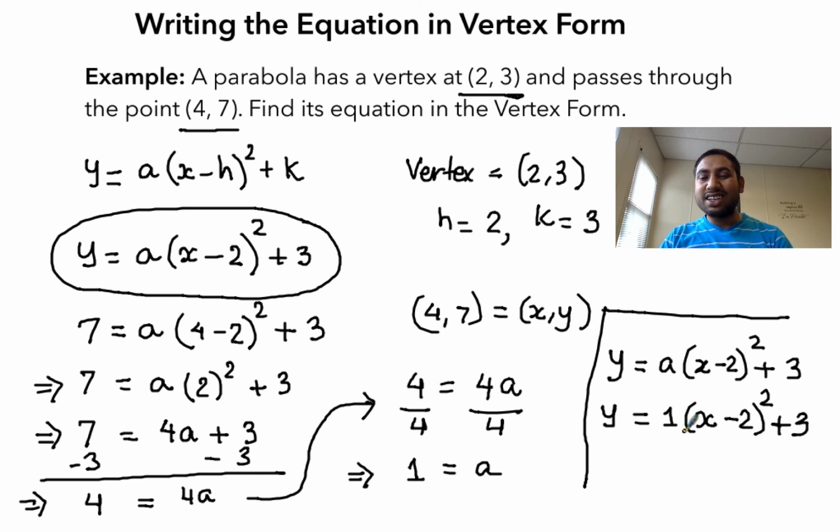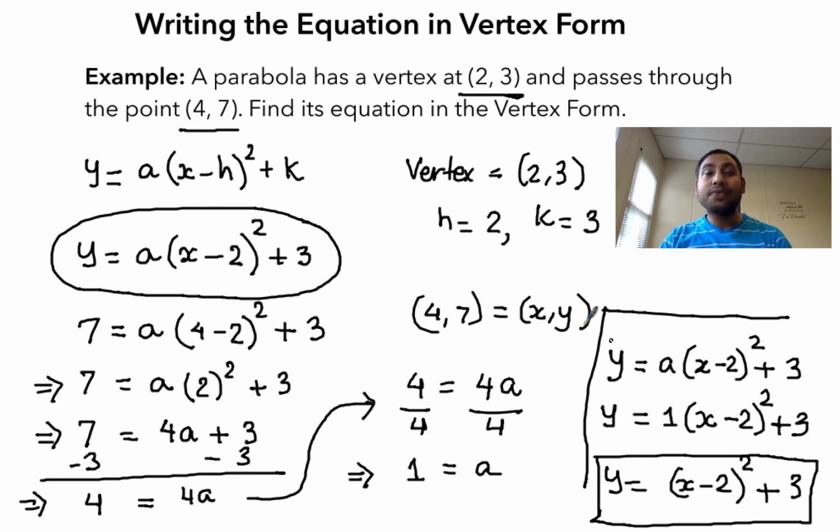But this one, we don't actually have to write the 1, so our equation is just going to be y equals (x minus 2) squared plus 3. So that is the equation of the parabola with vertex (2, 3) that contains the point (4, 7), written in vertex form. That's it in this video.